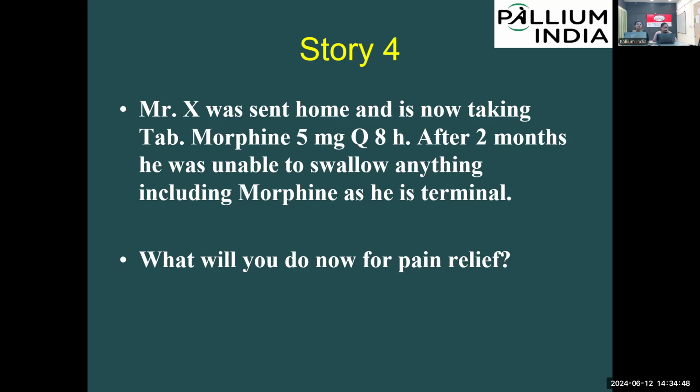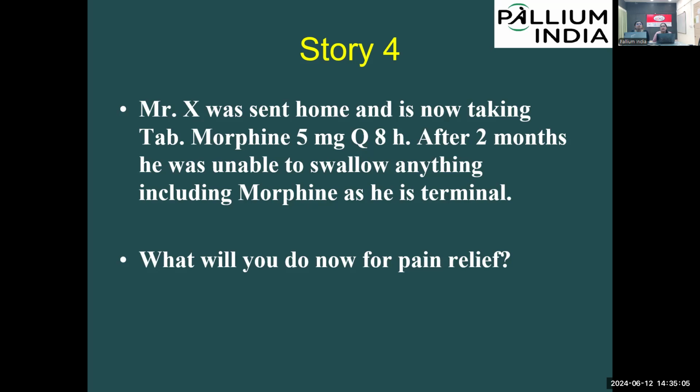How did we send this patient home? This patient had a serum creatinine of 5 milligram per deciliter. So we sent him home on 5 milligram 8 hourly. We reduced the dose as well as increased the spacing between the medications.